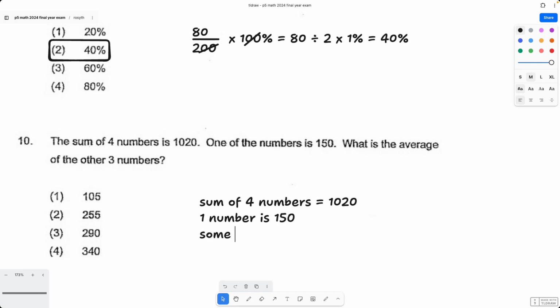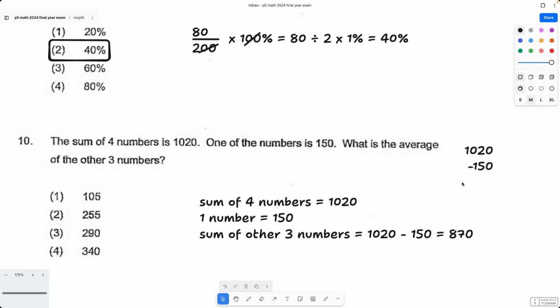So the sum of the other 3 numbers is equal to 1020 minus 150, which is 870. Okay, so if you go to the workings, 1020 minus 150.